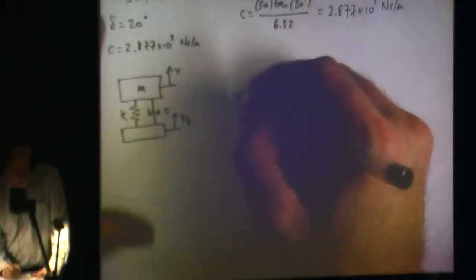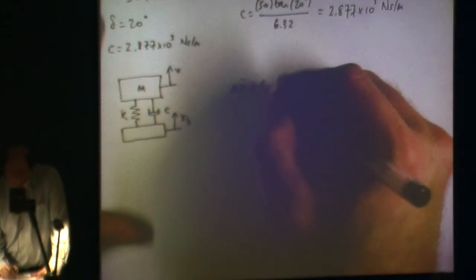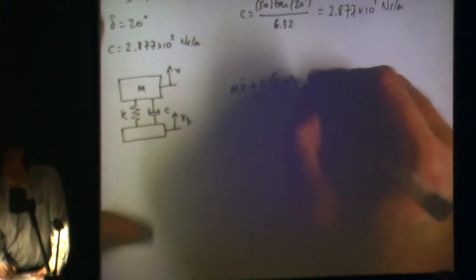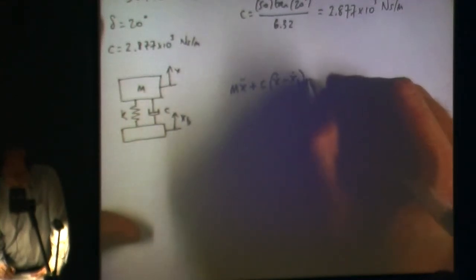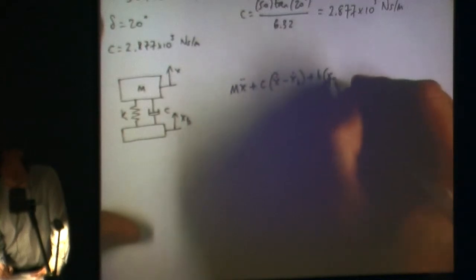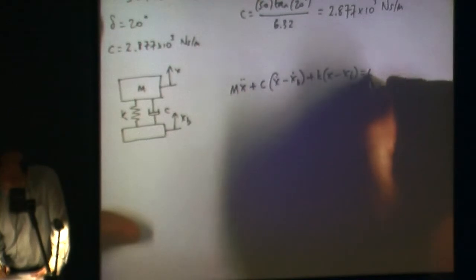So the equation of motion of the mass, we've got m x double dot plus c times x dot minus xb dot, plus k times x minus xb equals 0.